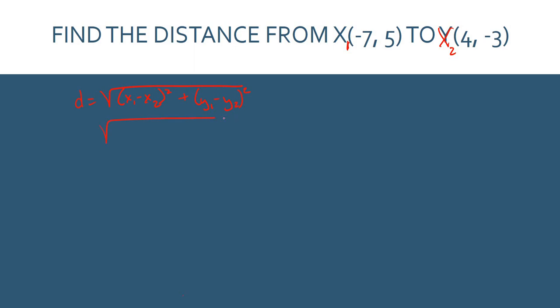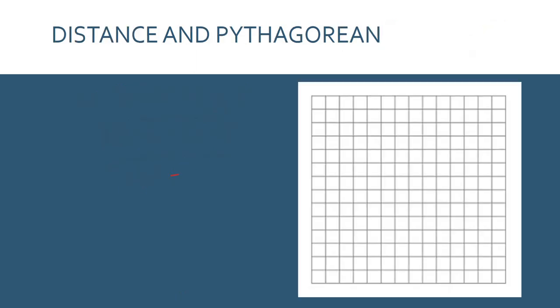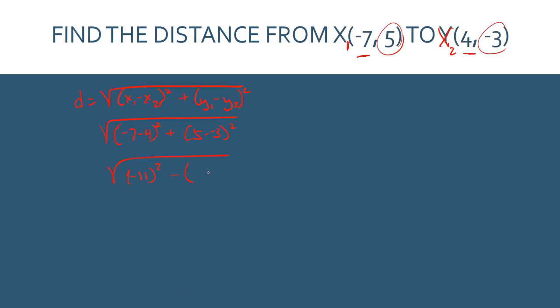So the square root of (-7 minus 4) squared plus (5 minus -3) squared. So I've got the square root of (-11) squared plus 8 squared. So that's the square root of 121 plus 64, which is the square root of 185. And if you put that in your calculator, it's approximately 13.6.